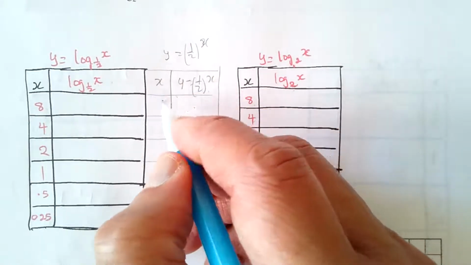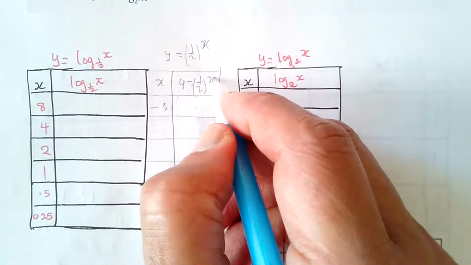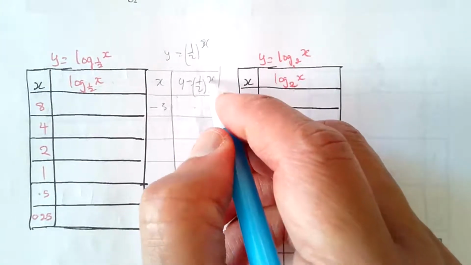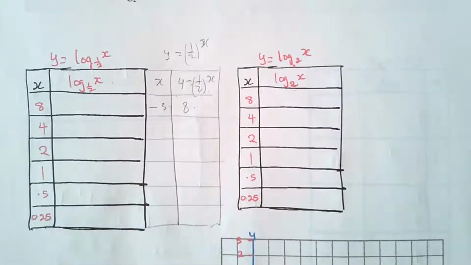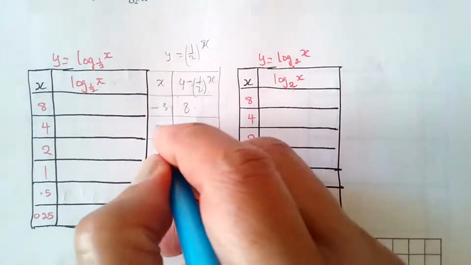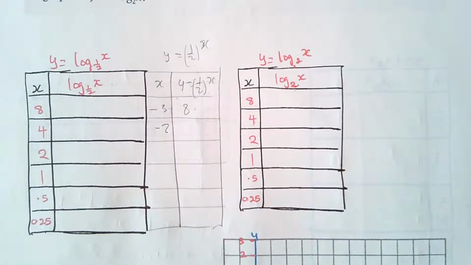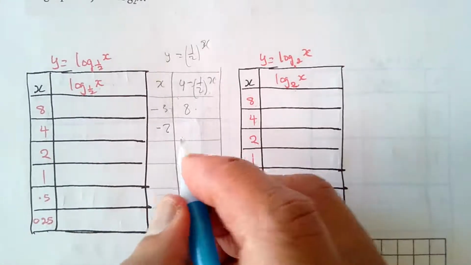I'll choose my x value, -3, so half to the power -3 will give me 8. And we have -2 here. If we were to write that as an exponential, that will give us, what, 4?